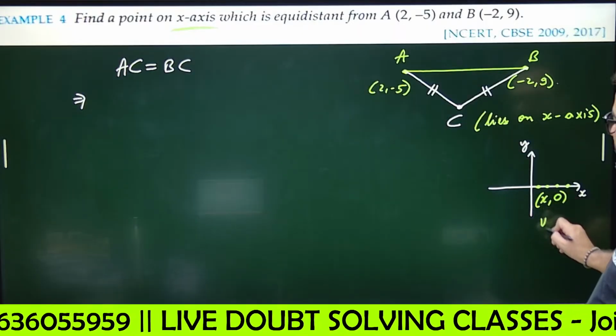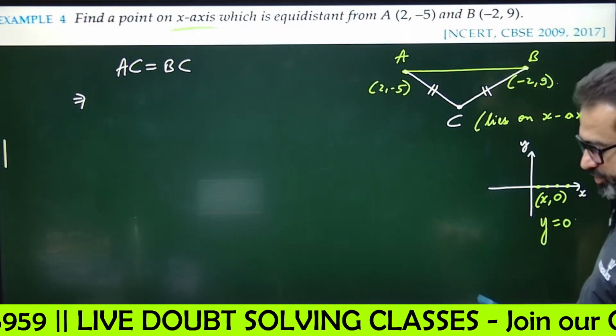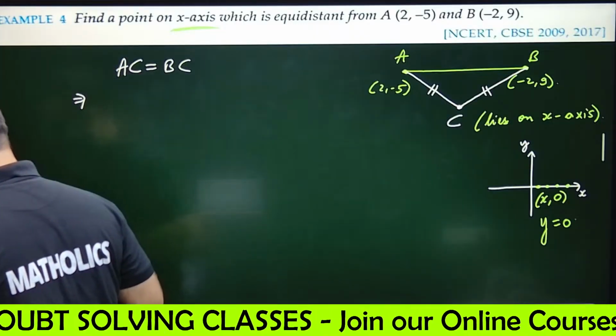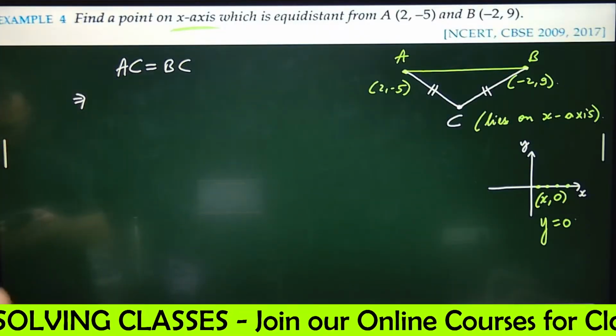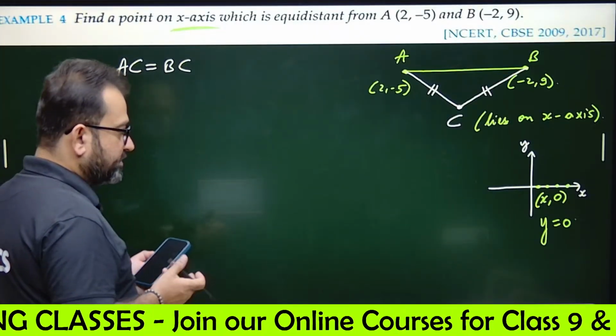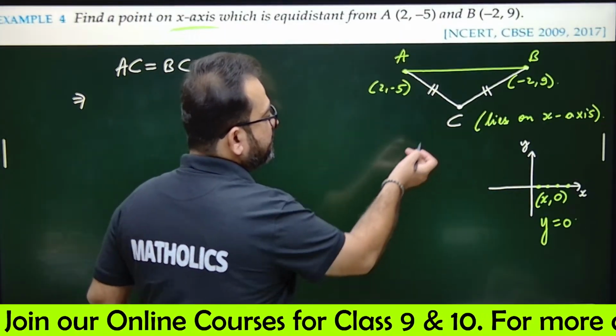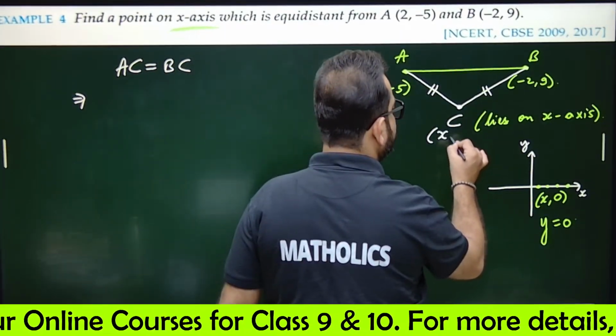For points on the x-axis, y has to be equal to 0. Yes or no? So when y is 0, I can let the coordinates of this point be (x, 0).